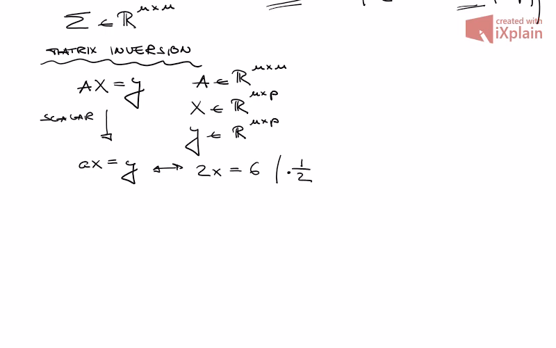And of course you want to do that to both sides. So you would do 1 over 2 times 2x equals 1 over 2 times 6, and then you would get 1 times x, and 6 over 2, so 3.